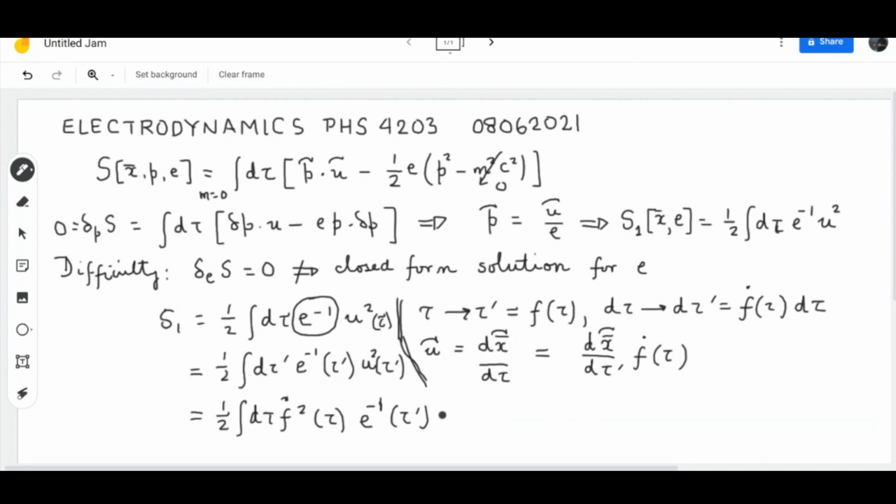So how will this transform? Sorry, there's a mistake I made somewhere. Hang on. So from here we can write, I haven't completed this one yet.